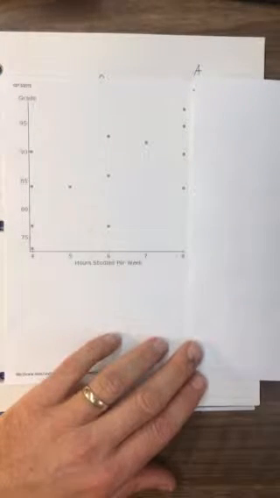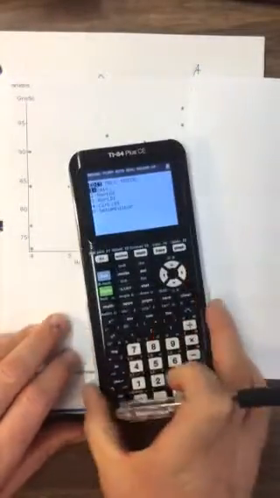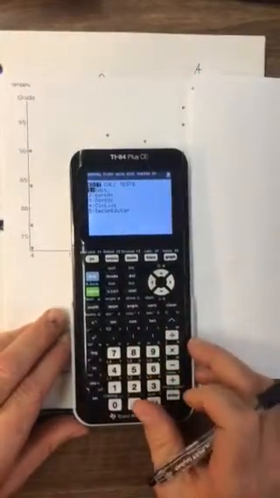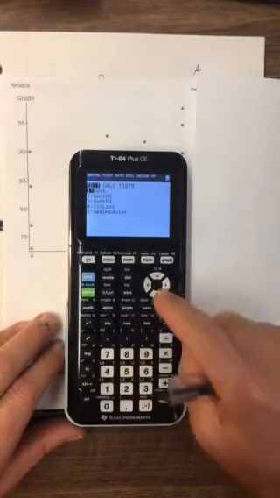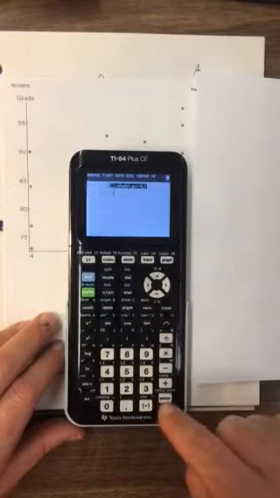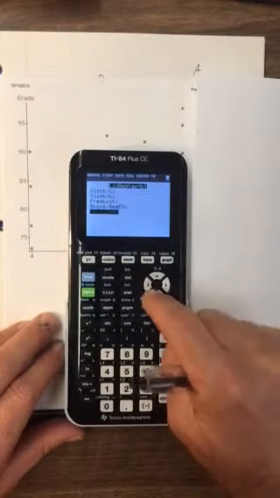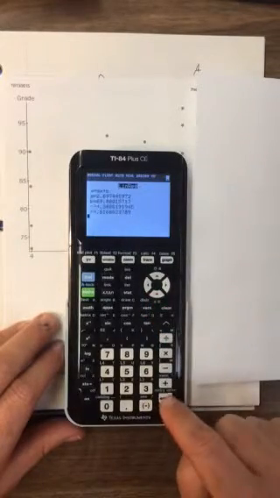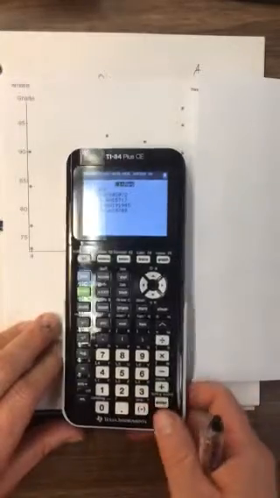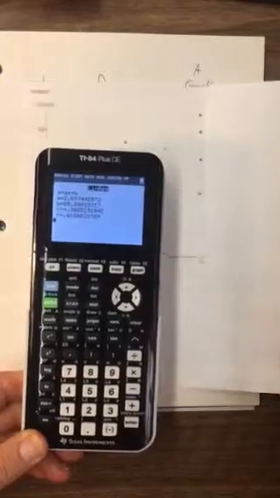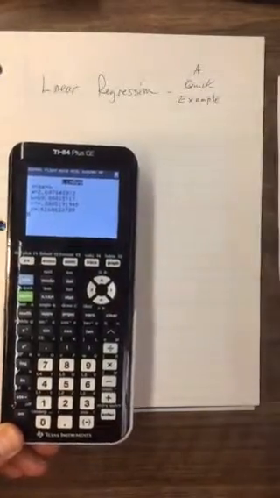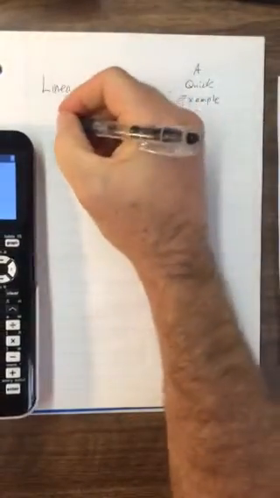So how are we going to get that? In general, we go to our calculator and enter all that data in, as we did. We did our linreg, and the linear regression gave us all these values. You should redo this on your calculator.